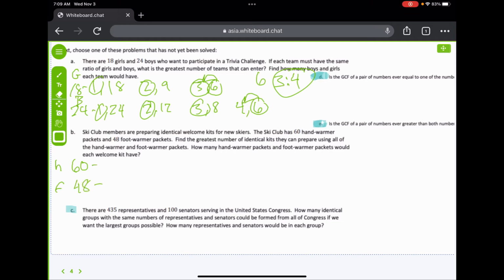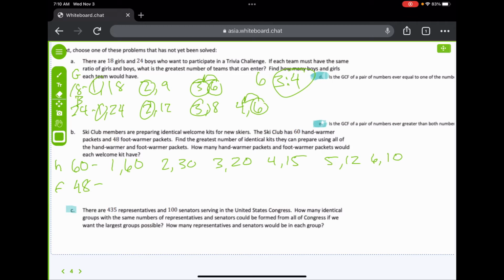Okay, and we're going to have 1 and 60, 2 and 30, 3 and 20, 4 and 15, 5 and 12, 6 and 10, 7 doesn't work, 8 doesn't work, 9 doesn't work. Okay, so we're done there.